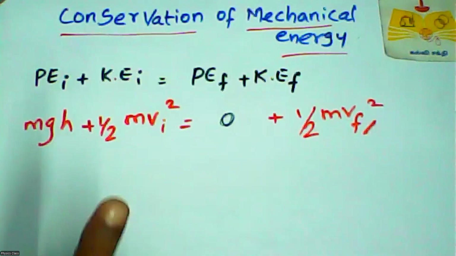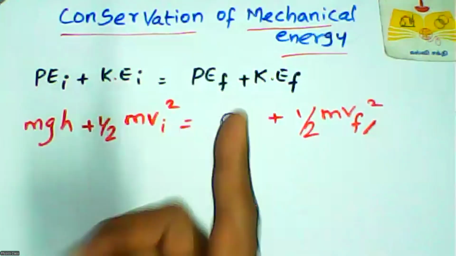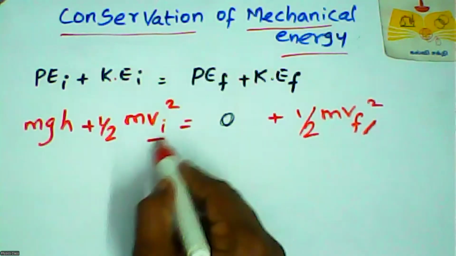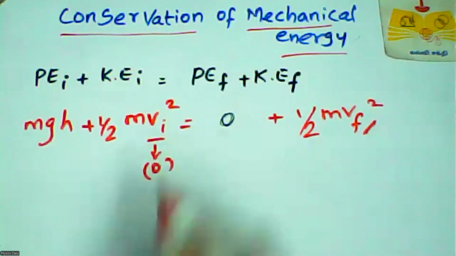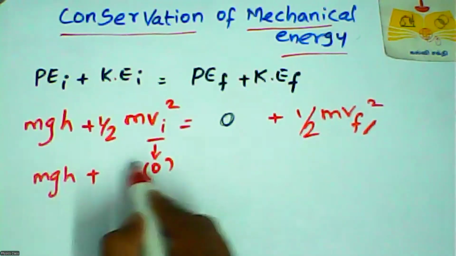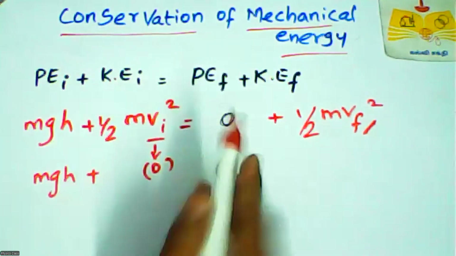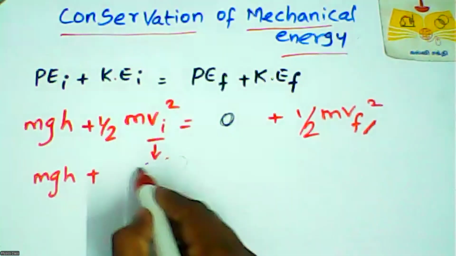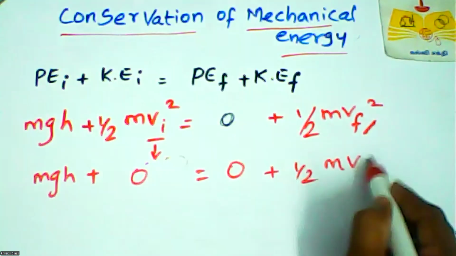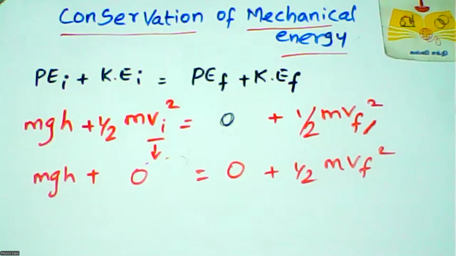That means it does not have initial velocity, so we have to put 0 here also. So mgh plus 0, because that energy is 0, and 0 plus half m v f square.